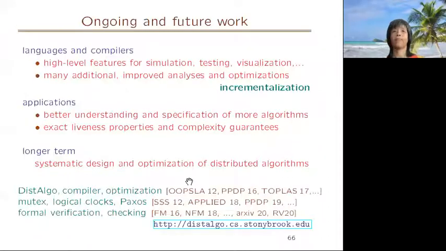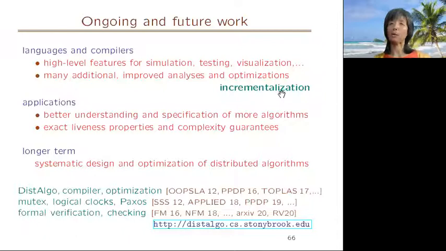And to conclude, this is a slide about ongoing and future work. We're still working on a lot of high-level features for simulation, testing, and visualization, and many additional and improved analysis and optimizations, in particular incrementalization. Queries and checkings are expensive if you do them from scratch.